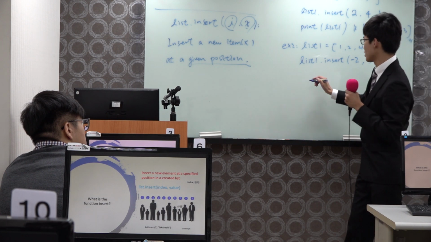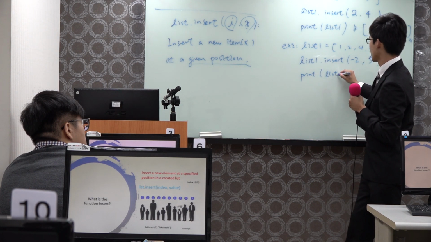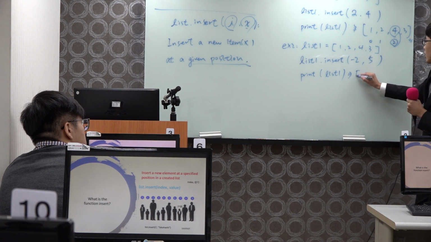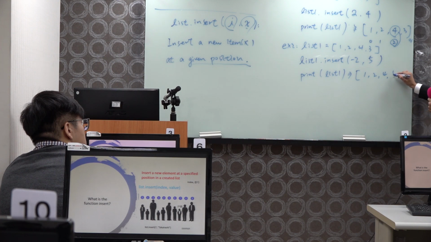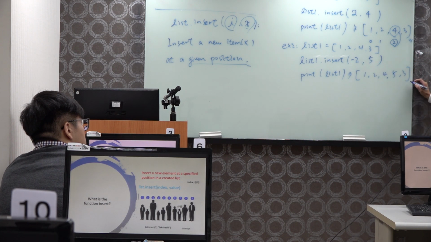Then print list1, and we get a new list: 1, 2, 4, 5, 3. Why? Because this time it is a negative index. The negative index starts from the right, so this is -1 and this is -2. So at -2, I want to put the item 5. That is the answer.